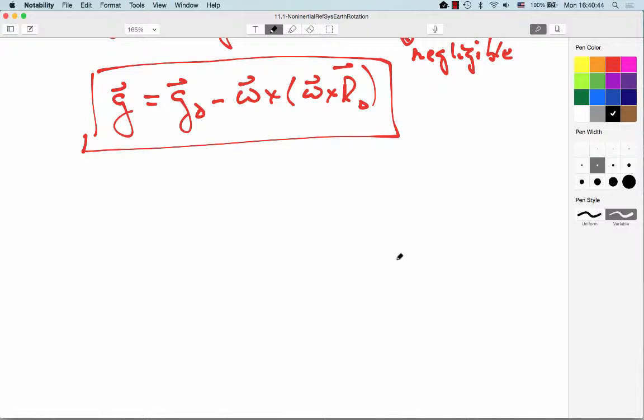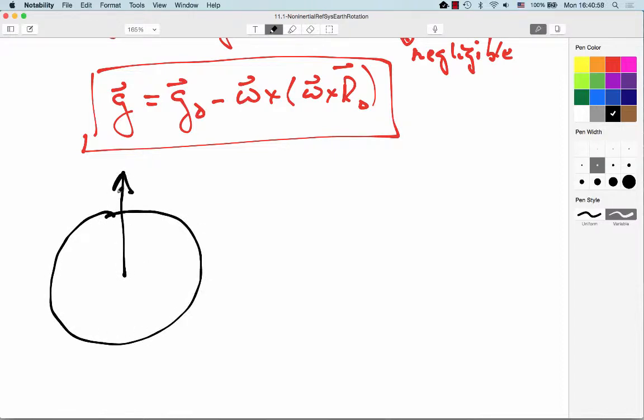So let's try to get some feel for how big that is and how far that would deflect our pendulum bob. So going back to the Earth here, we're going to rotate at omega, like so. We are located here, say at this point right here on the surface of the Earth. There's our r naught, and that is located at our latitude.